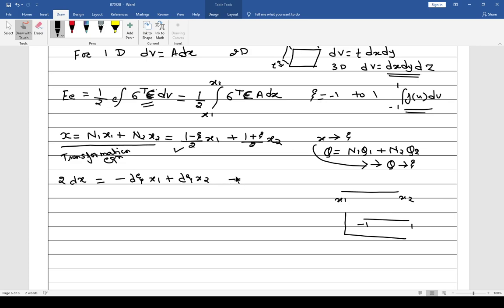Just let me know whether you got this equation or not. So from this I achieve this. Everyone, please let me know whether you understood this equation or not.